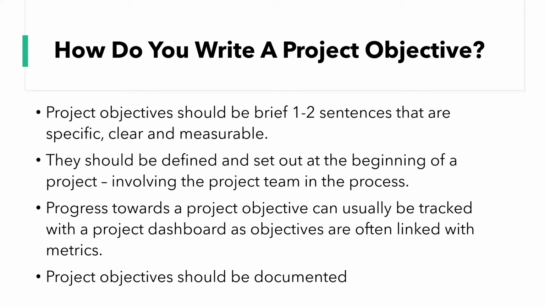And lastly, project objectives should be documented. So they should be written down, they should be stored, they should be accessible to the various stakeholders, and that way there's full transparency and everyone knows what the objectives are.